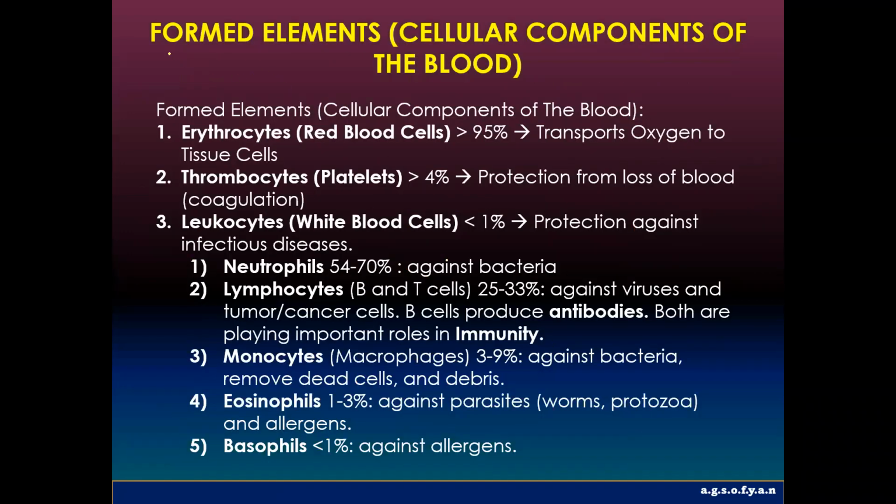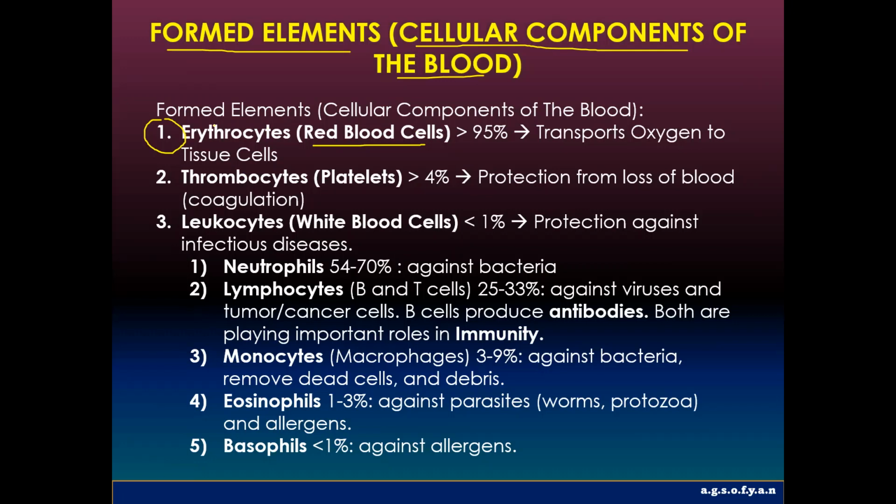So again, the formed elements are the cellular components of the blood, and they consist of 3 main types of cell. The first one, of course, is the red blood cell.